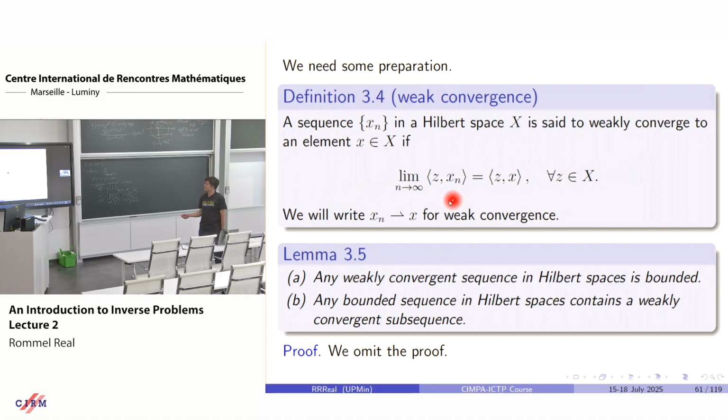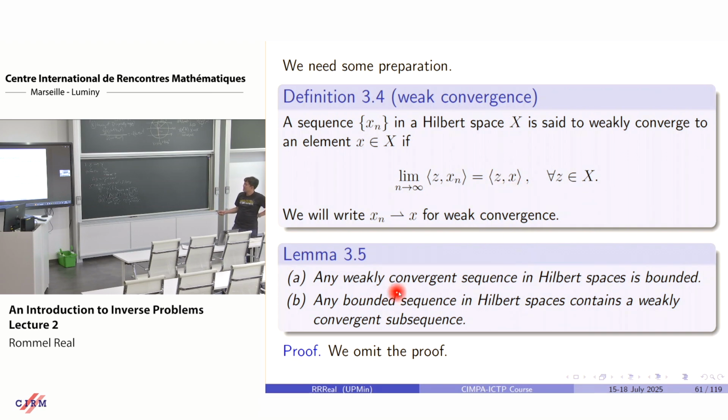We write it with an arrow with only one point up. That's weak convergence. It's important because it allows us to describe convergence which may not hold in terms of a metric like a norm, but may hold with respect to a bounded linear functional, in this case the inner product.